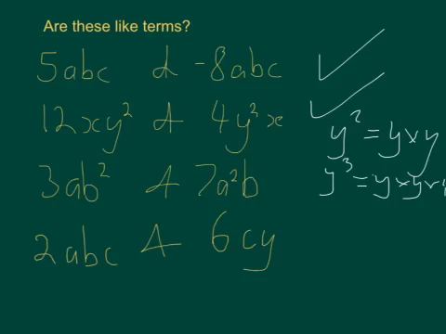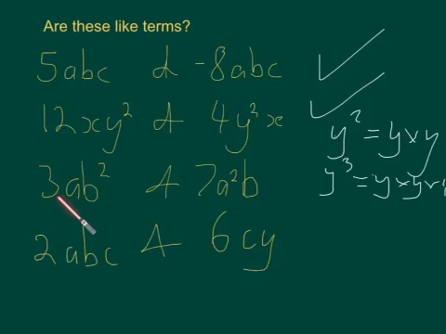Alright, next one. 3ab squared and 7a squared b. Well, look, they both have a's in it. Are they like terms? No, because there is one extra a here, and there's one extra b here.